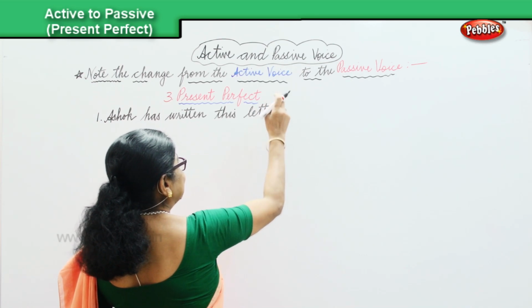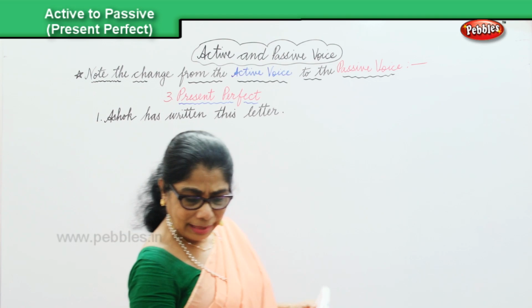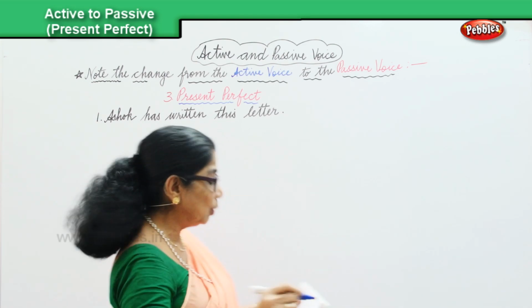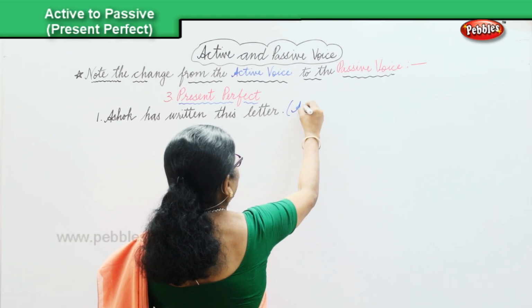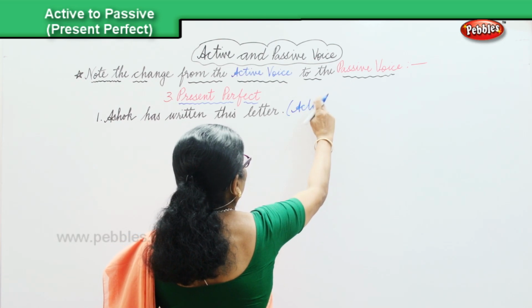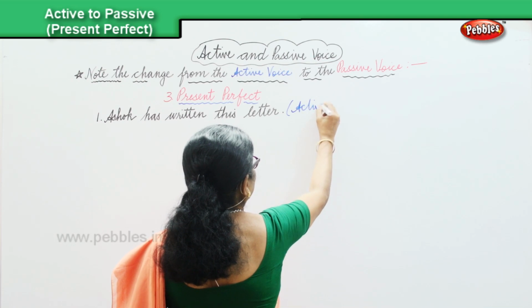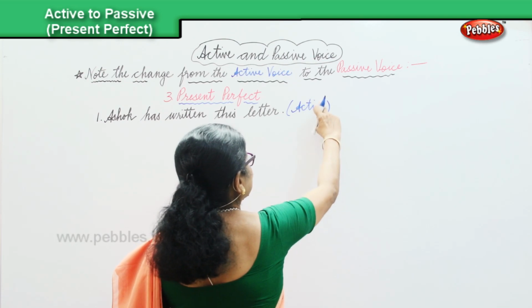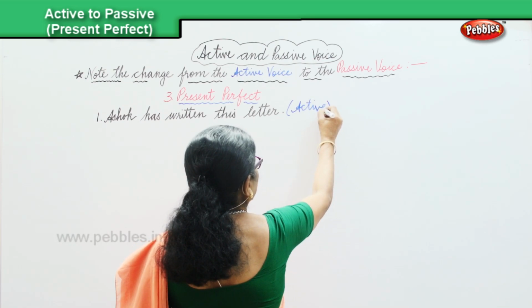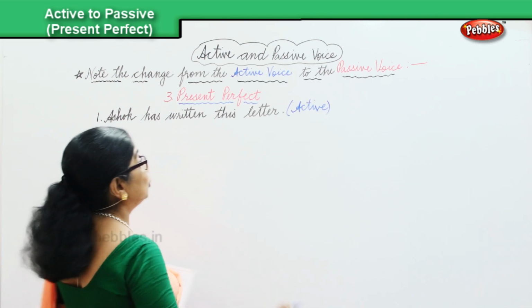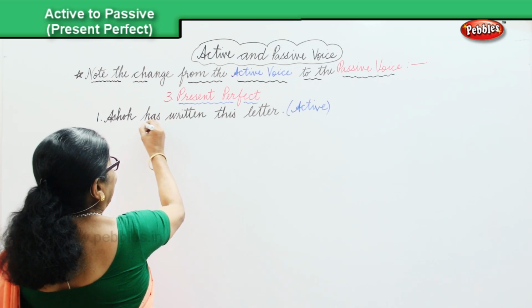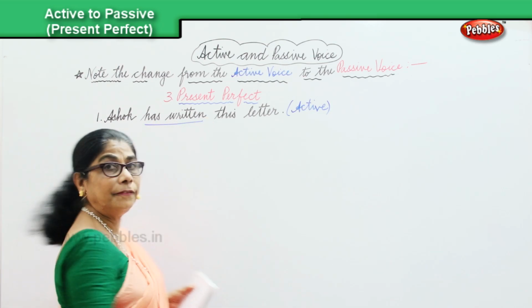Ashok has written this letter, and that is in the active. What's happening? Ashok has written it. Active. So we are looking at the active voice in the first sentence. Now, change over from the active into the passive. Now, has written. That's the verb.